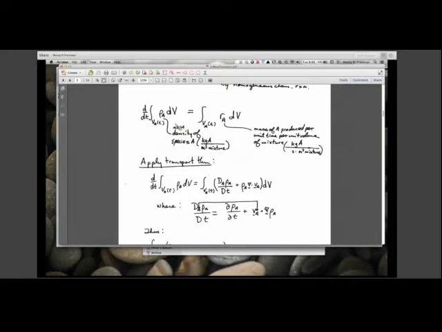And to get something that is more useful, we have to go from this integrated form to a differential form in the mass balance. And the way we do that is by applying the Reynolds transport theorem to the left-hand side of this equation. Do you know why we need to do that?